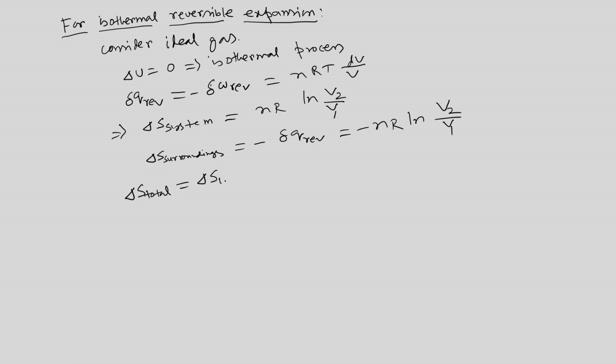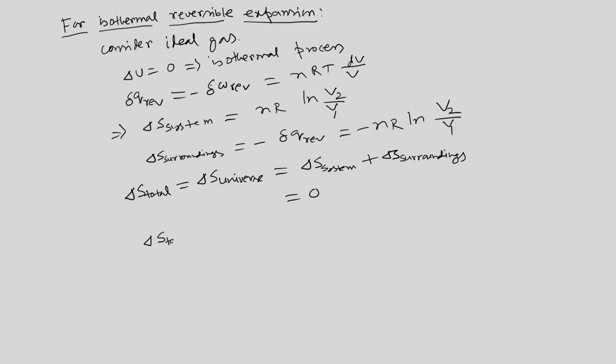Delta S universe is nothing but delta S system plus delta S surroundings. So we can write this is 0. For isothermal reversible expansion, delta S total equals delta S universe gives 0.